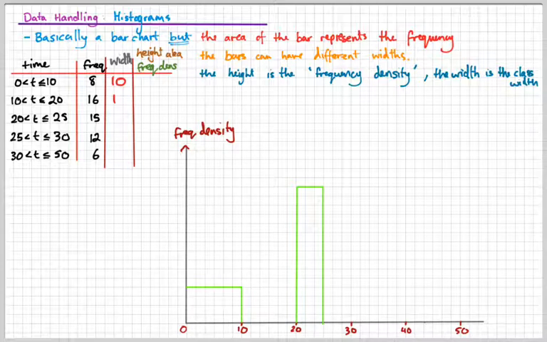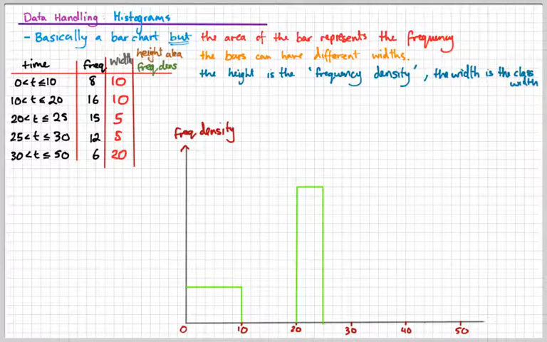The width is just the class width. Since the first group ranges from 0 to 10, the width is 10. The second group ranges from 10 to 20, so the width is 10 again. The next groups both have a range of 5, so their width is 5. And finally, the final group has a width of 20.